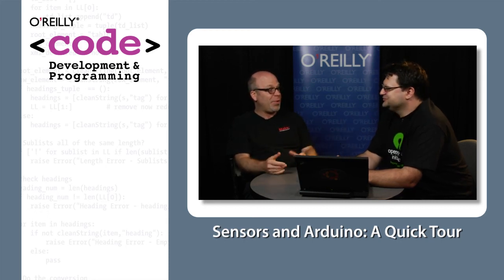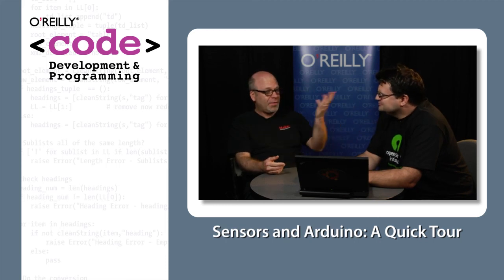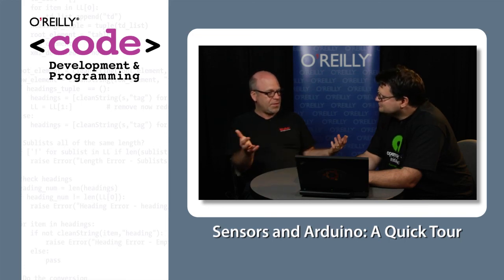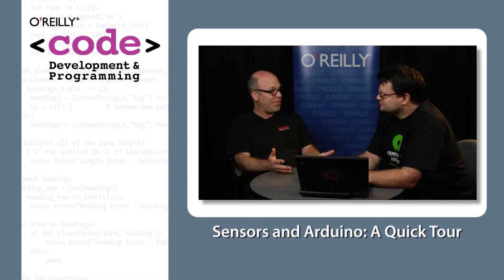I can walk down to a Radio Shack and walk out for less than $100 with an Arduino, the USB cable I need to connect a computer, and one of those really cool Parallax distance sensors, like the Ping sensor, and then you can create things that know how far people or cats, whatever, are away, right?